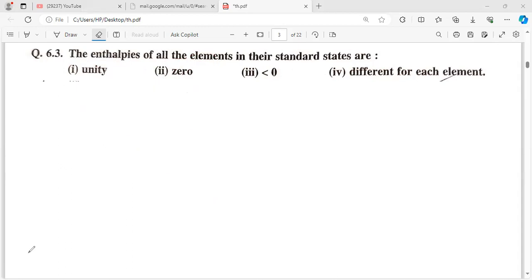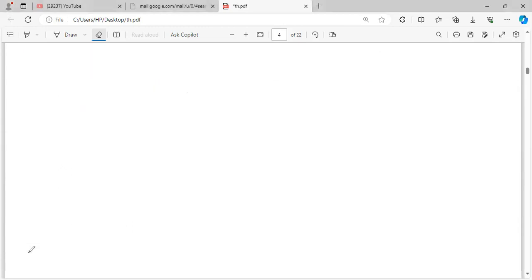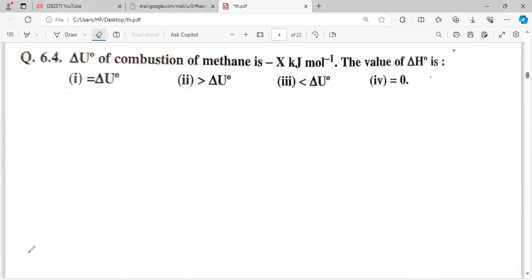Okay. Now the next one, we are having question number 4. Let me tell you. Here is the question. Tell me this one. Question number 4. Minus x kilojoule per mole, value of delta is 0. So this one I don't know. Value of delta is 0.